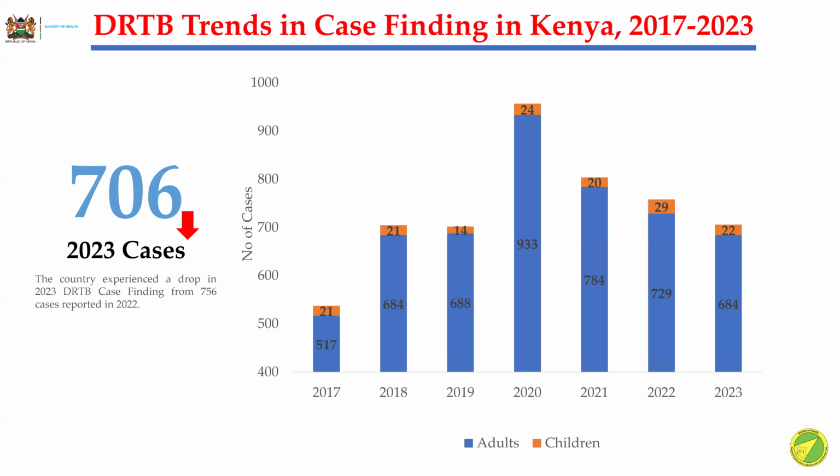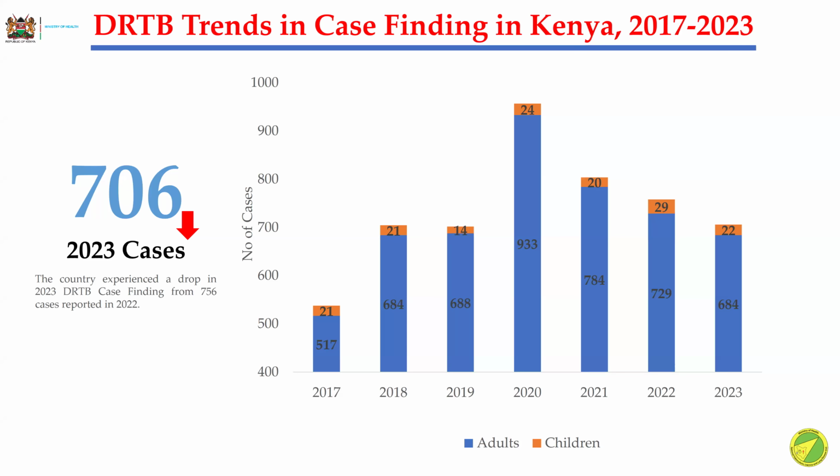And you can see for the drug-resistant TB, 2017 for the adults and the children, 21 children, 517 adults. 2018, 21 children, 684 adults, and then 14 children, 2019, and 688 adults.